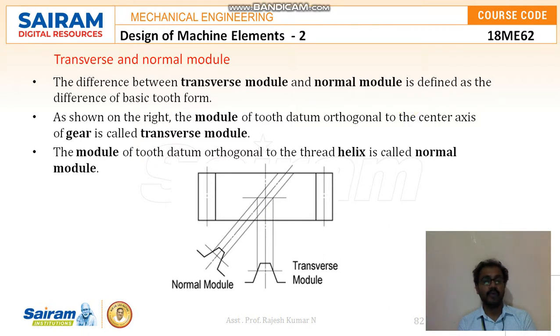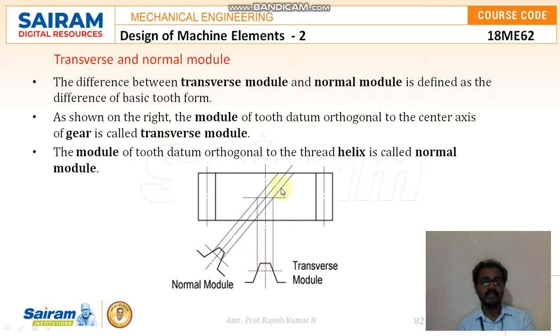As shown on the sketch, the module of the tooth datum orthogonal to the center axis of the gear is the transverse module, and the module of the tooth datum orthogonal to the thread helix is called the normal module.